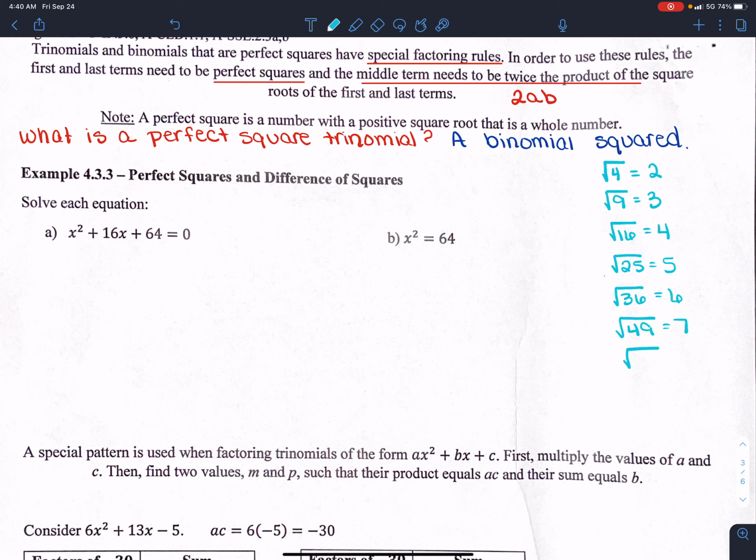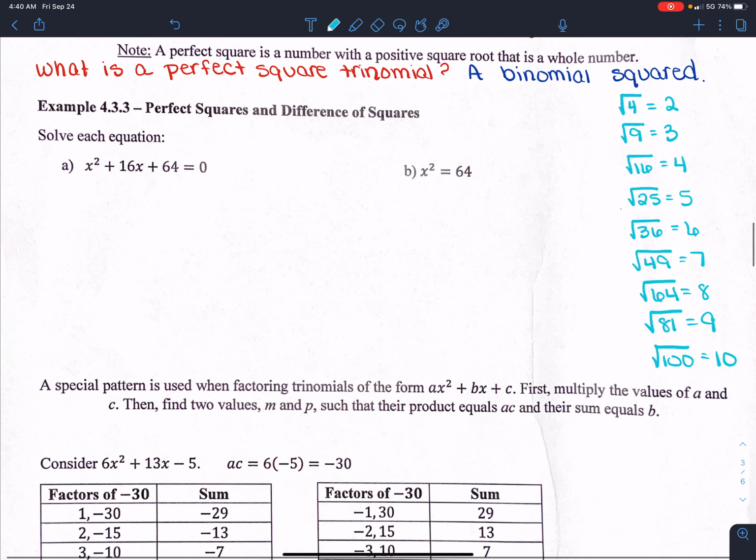We want to know these perfect square values. 64, 81. These values are going to help us, plus others, but let's start with these.